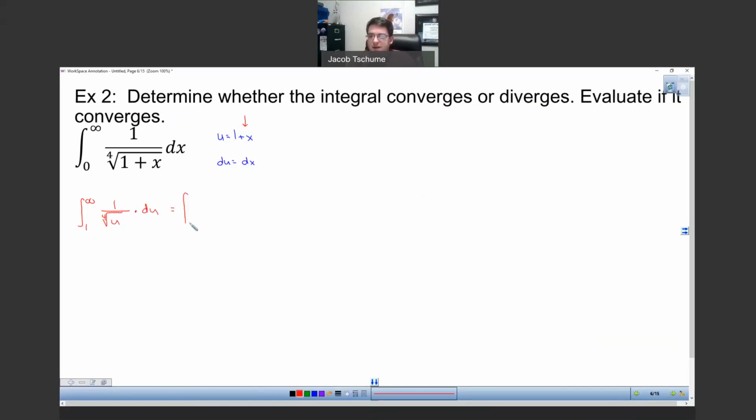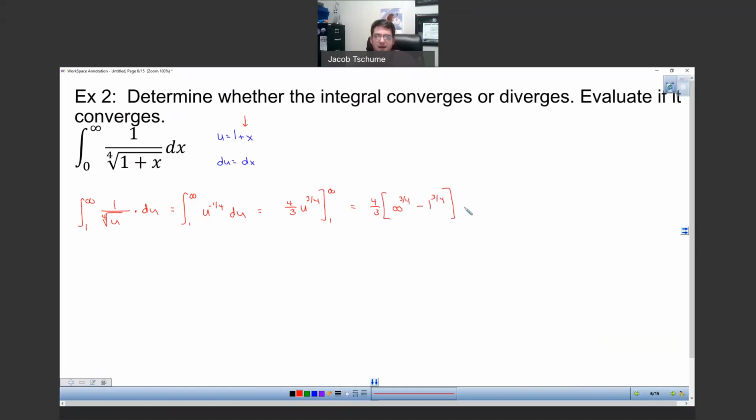This can now be written as the integral from 1 to infinity. Now the 4th root of u is u to the 1/4, and then if I flip that over, this would be u to the negative 1/4 du, which can be integrated into u to the 3/4 multiplied by the constant 4/3, evaluated from 1 to infinity, which is equal to 4/3 times infinity to the 3/4 minus 1 to the 3/4.